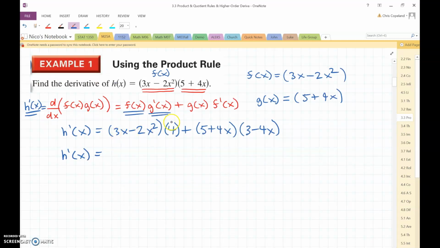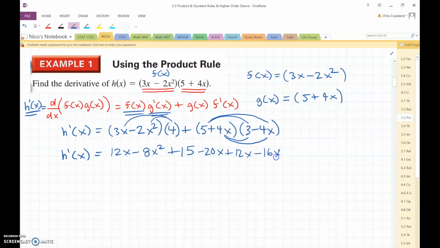So I'm going to multiply the 4 through here, giving me 12x minus 8x squared, plus, let's see, 15 minus 20x plus 12x minus 16x squared.